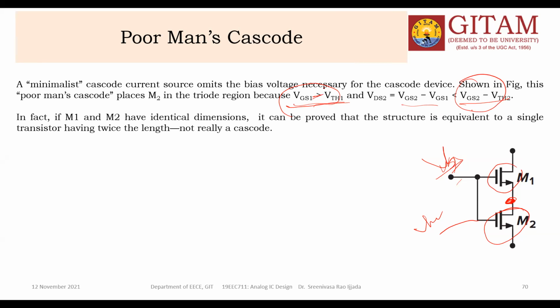Suppose they are insufficient to keep both transistors in saturation, then your cascode aim will not be satisfied. That's why it's called a poor man's cascode: if you join the gates of both transistors and apply a fixed voltage to it, it will not satisfy the condition of the cascode.